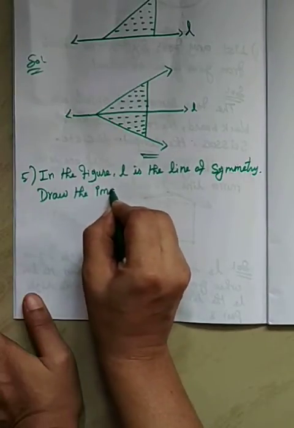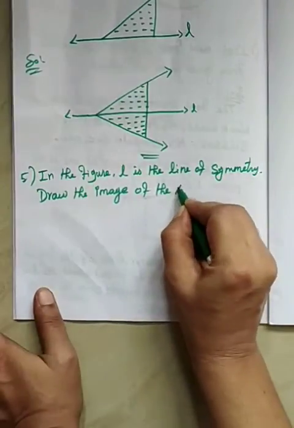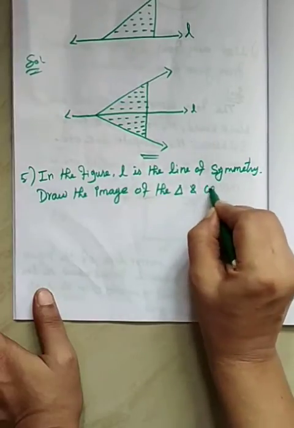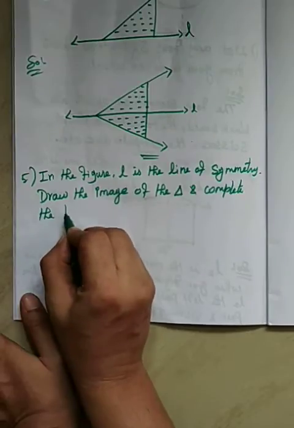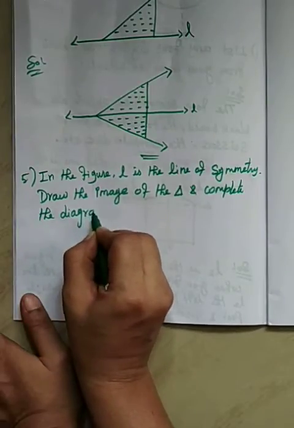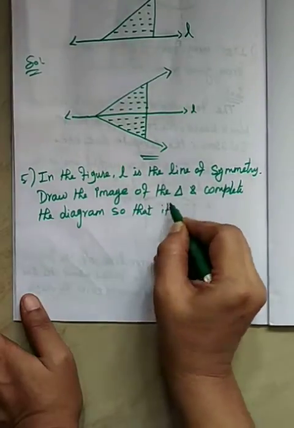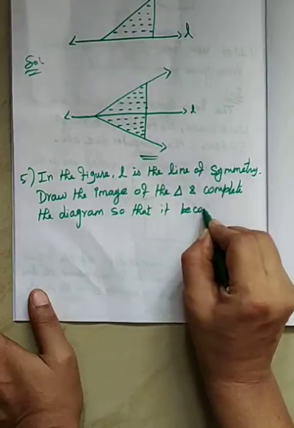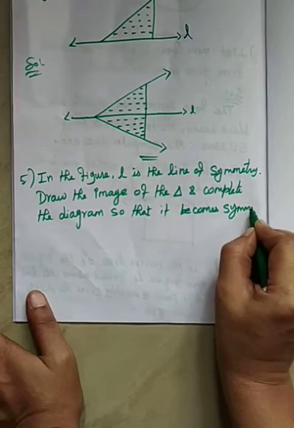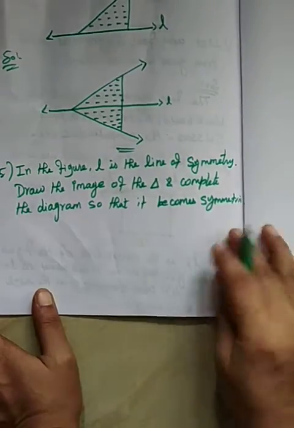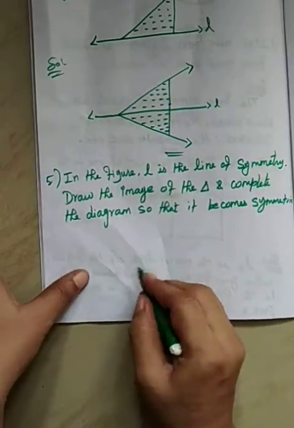Draw the image of the triangle and complete the diagram so that it becomes symmetric. Okay, see the figure.